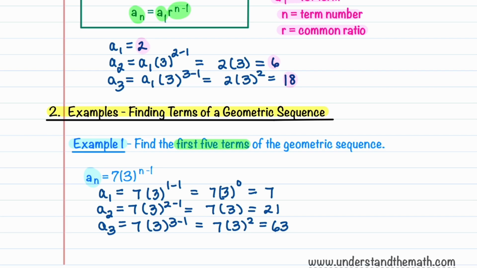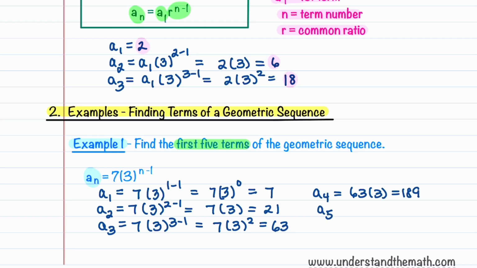And then we're going to do something easier to find a4 and a5. We know that we have a geometric sequence, so each consecutive term is going to be r, which is our common ratio, times the previous term. Our r is equal to 3. So a4 is just going to be 63 times 3, which is 189.